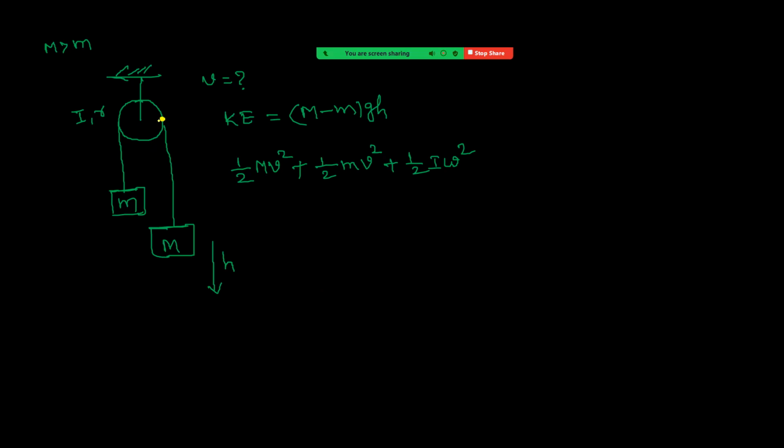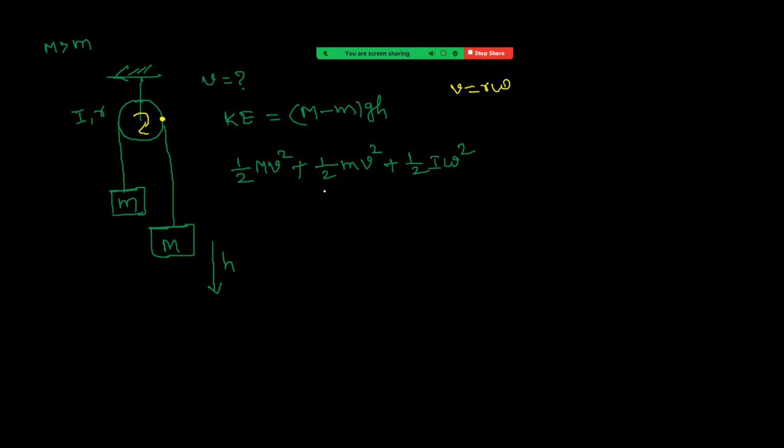That means if you take a point on the pulley, the velocity of that point and the contact point on the string must have the same velocity. Because of rotation, velocity equals r omega. That means in the place of omega we write v by r.